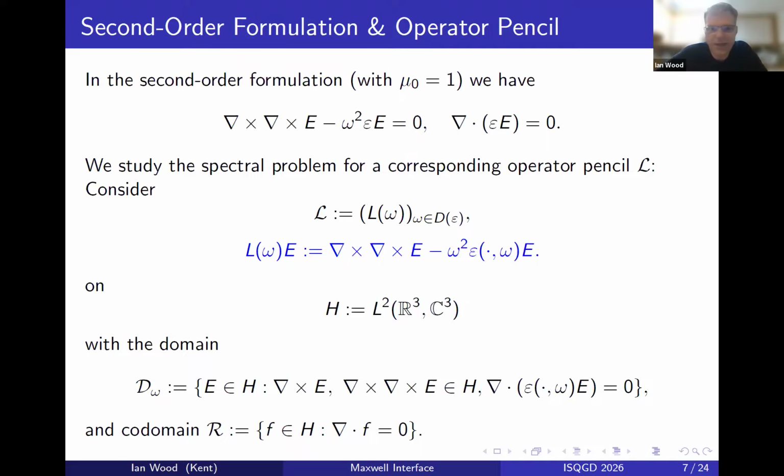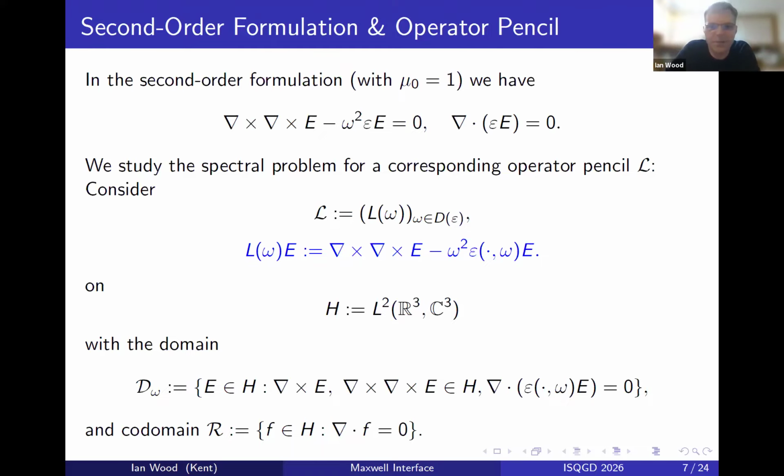All right, so now if we look at the operator with this domain, if we think about its range, right, so if we apply the L of omega to the field E, then of course there's the curl term, which will have divergence 0, and there's the term with the epsilon times E, which is also divergence free. So as a codomain, we want to look at the space where the functions are divergence free. Okay, now we've got an operator acting essentially from this domain into the codomain here.